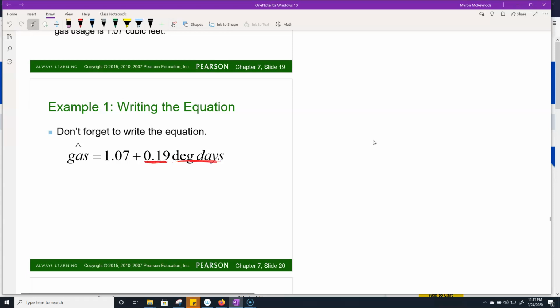So if we go up by 1 degree, we need 0.19 more cubic feet of gas. It's a positive relationship because it's plus, right? And it's going up by 0.19 every time. So this is just how fast it's going up based on the relationship between the two.